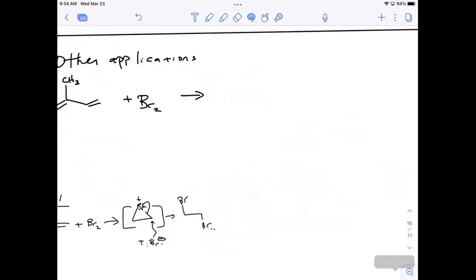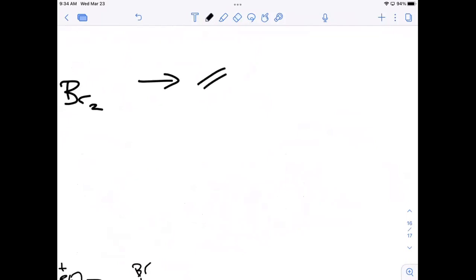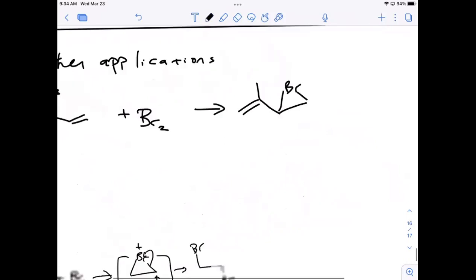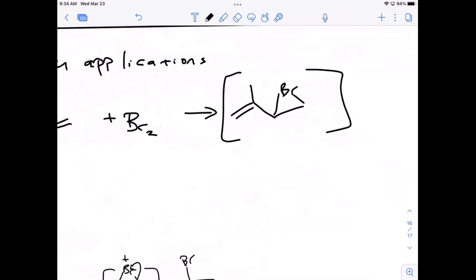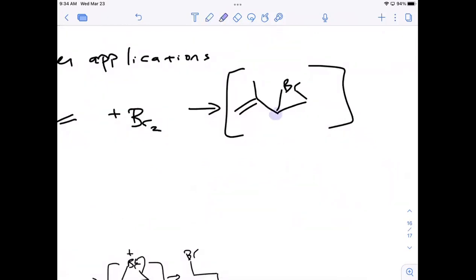What you're going to get out is an intermediate that looks like this. Like that, right? This is going to be your intermediate. But the opening is going to happen at the allylic site, because this is still the most favorable spot for a carbocation, because it's going to be more stable since it's allylic.